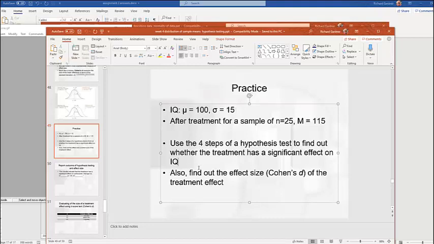And the effect size is 15, again, it's going to be 115 minus 100 divided by 15. So the Cohen's d is 15 divided by 15 is 1, which is a very strong effect size.